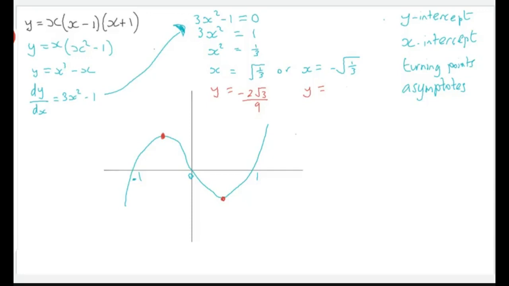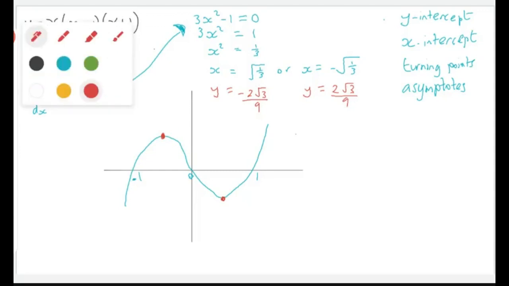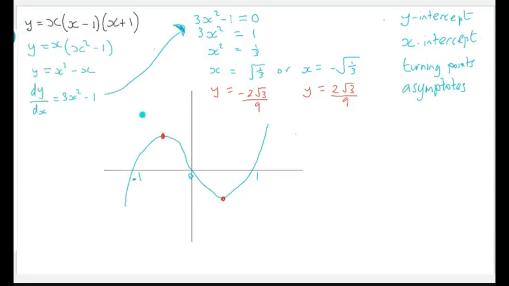And then the other one, I got the same, just without the minus. 2 root 3 over 9. Okay, that makes more sense. Cool. That makes sense because there's that kind of symmetry. So those are your turning points. Again, we can always write the format in a different way, but let's just keep it like this.